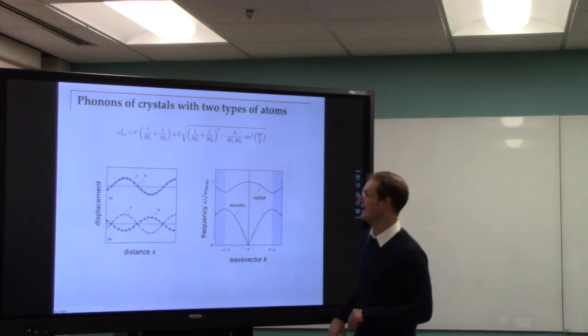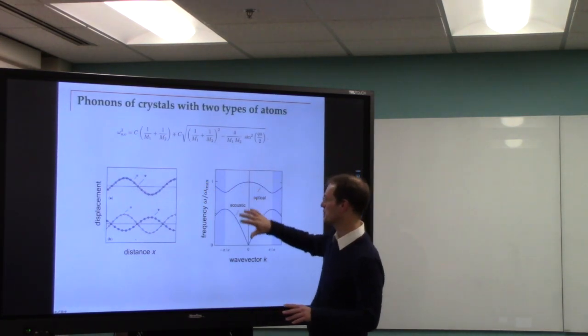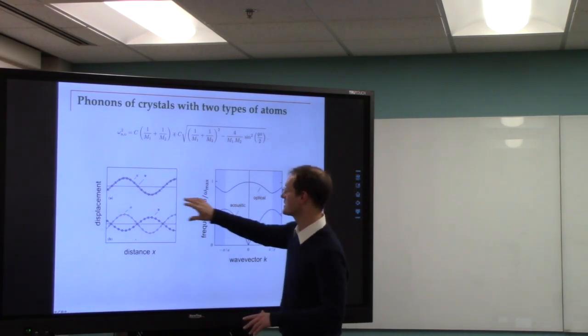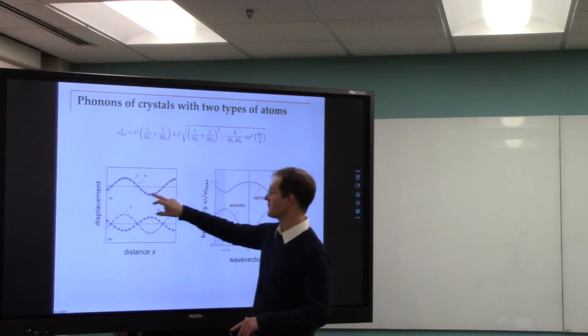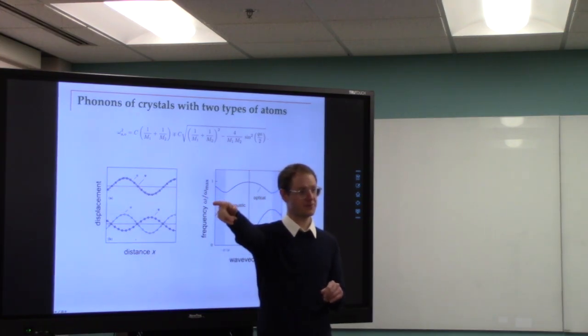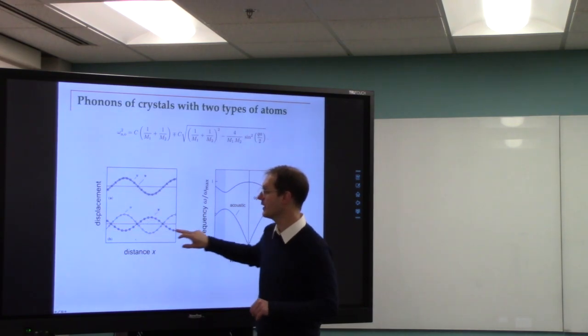Just qualitatively, what types of motion do these two types of waves correspond to? The acoustic waves look like this one, where each neighboring atom's displacement is in the same direction. Whereas the optical waves look like this picture here.